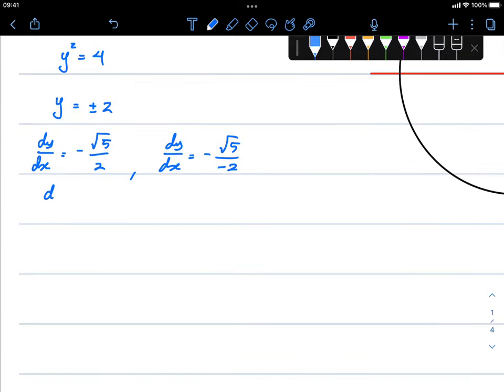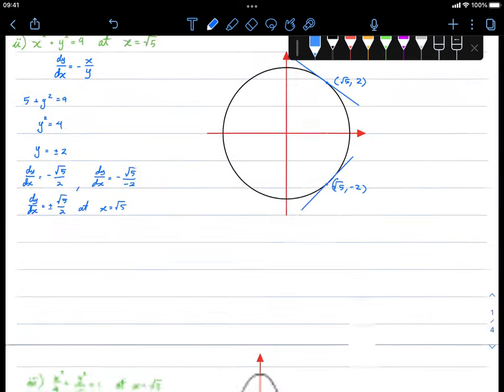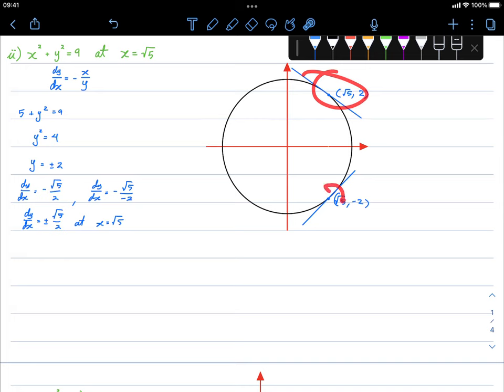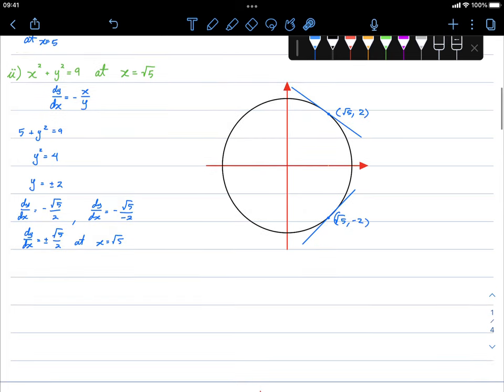So therefore dy on dx equals plus and minus square root 5 on 2, at x equals square root 5. So the gradients of these are positive square root 5 on 2 and negative square root 5 on 2.